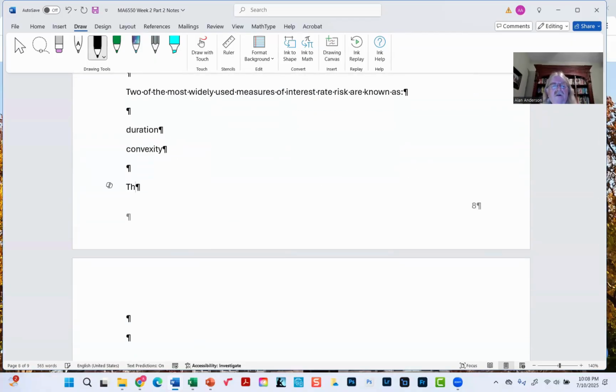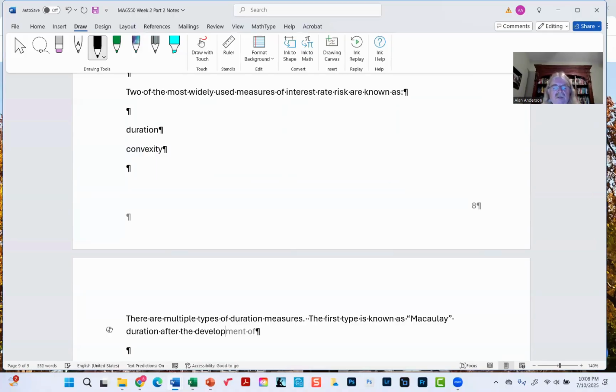All right, now there are multiple types of duration measures. There's not just a single one. The first type is known as Macaulay duration, after the developer, whose name was Frederick Macaulay.